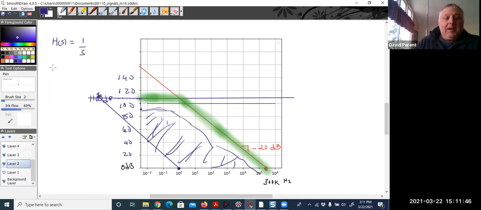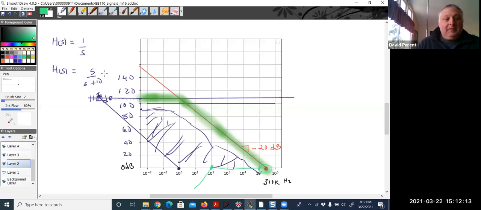Now, what about H(s) equals s over s plus 10? Well, that's a high pass and it has a break frequency at 10. And in fact, it's going like this, and it'll work right till where it hits here.